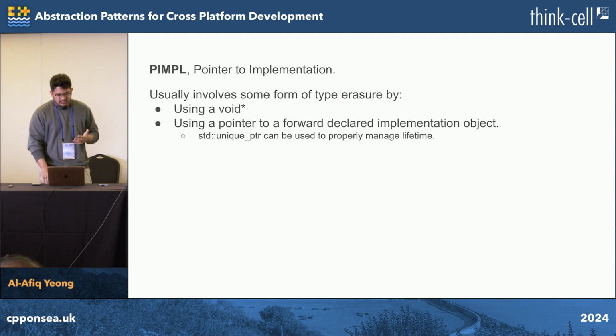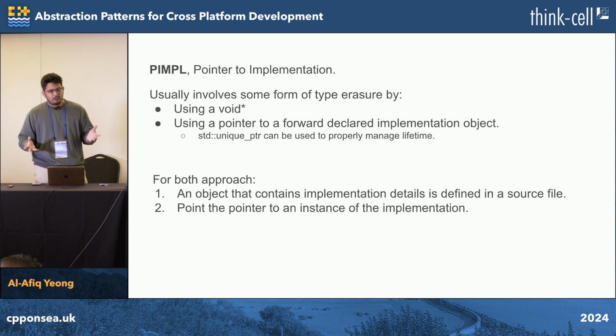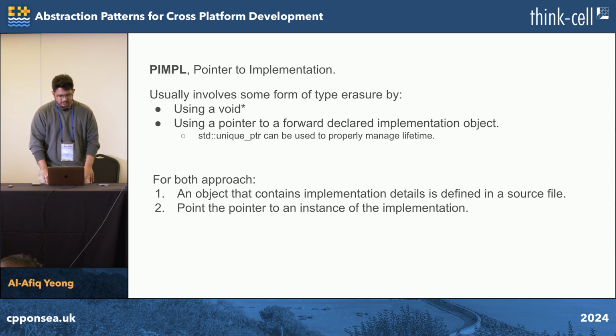But regardless of whichever method that you choose, we have to have the implementation be defined in a source file, and then we create an instance of the implementation. Then we take the pointer to point to that implementation.